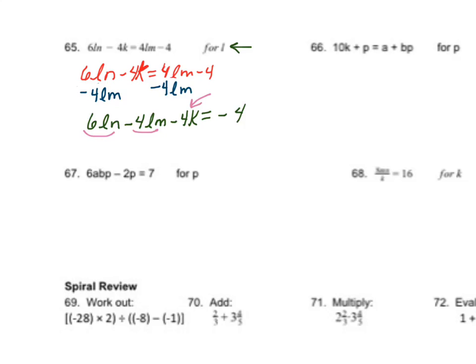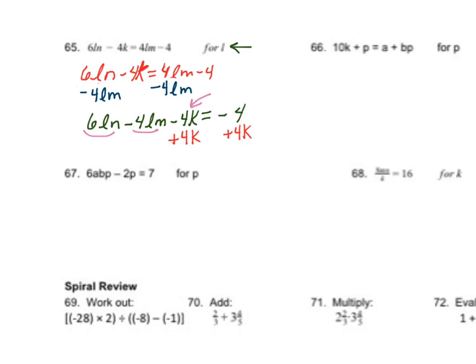However, I've got this negative 4k, it doesn't have any L in it, so I don't really want that there. I want to get it on the other side. So I'll add 4k to that side and add 4k to the right side.